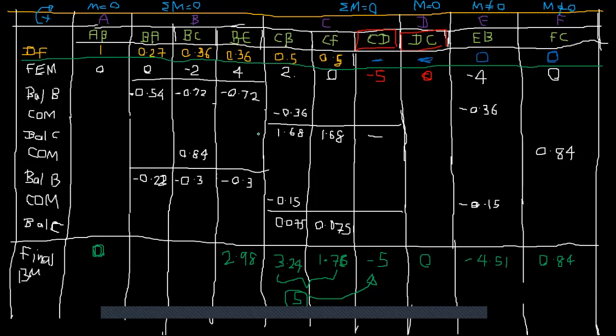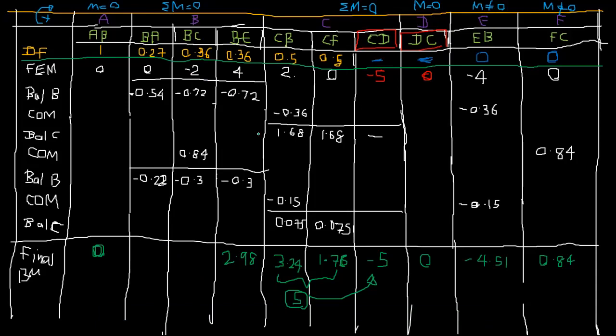Here it's going to be minus 2 minus 0.72, sorry, plus 0.84 minus 0.3.